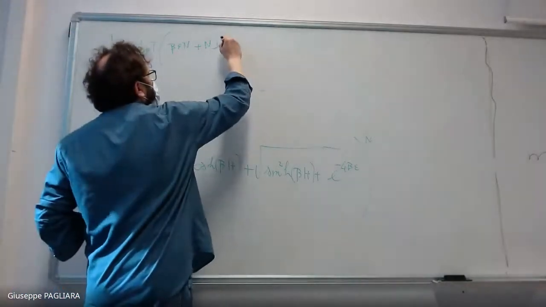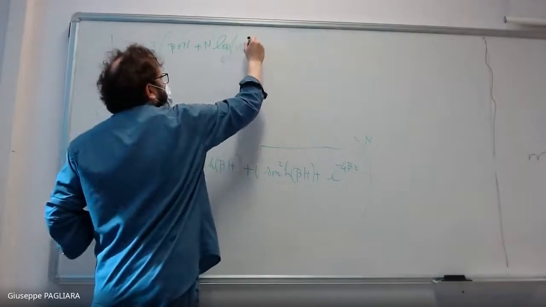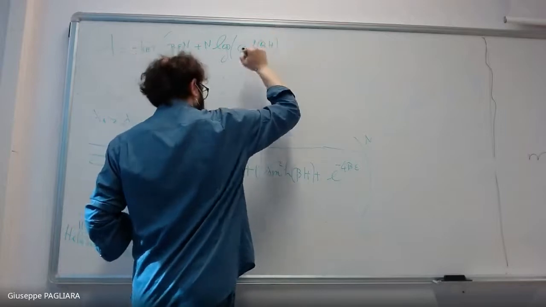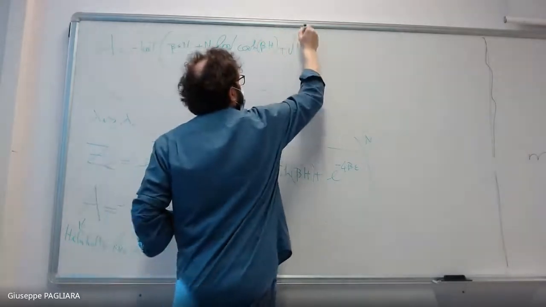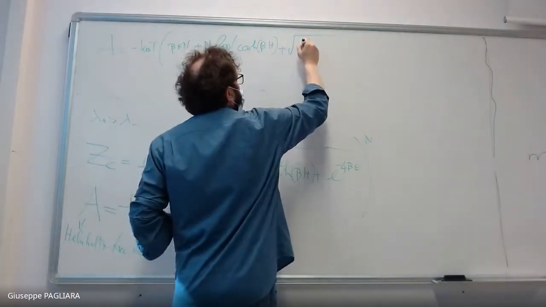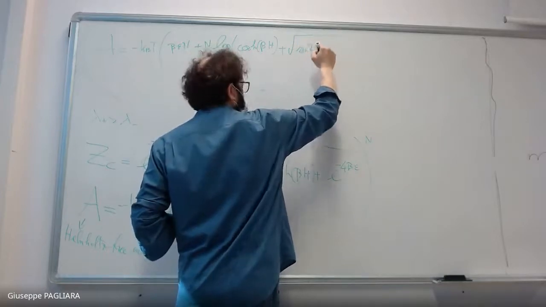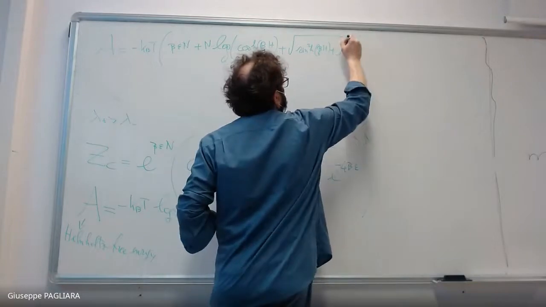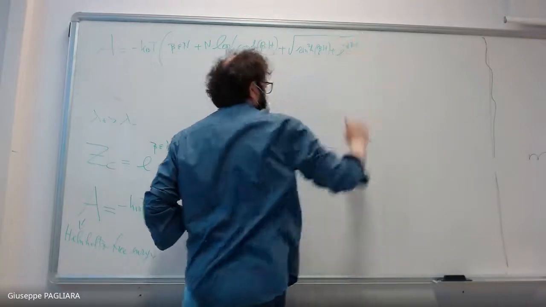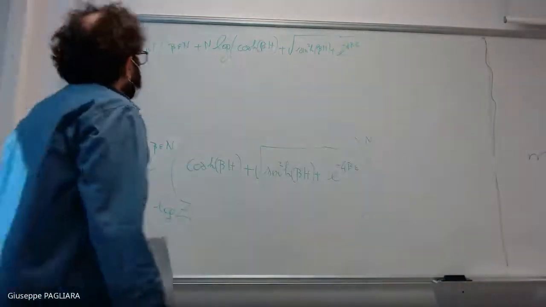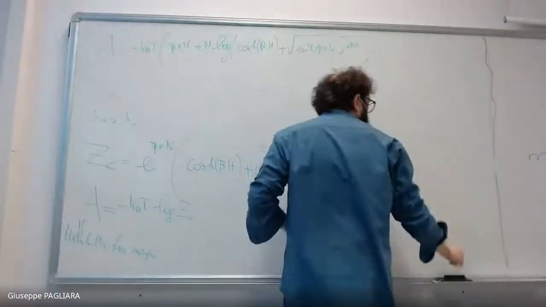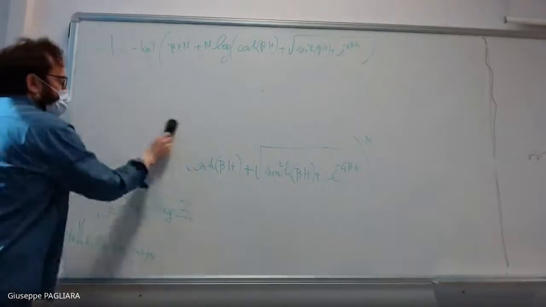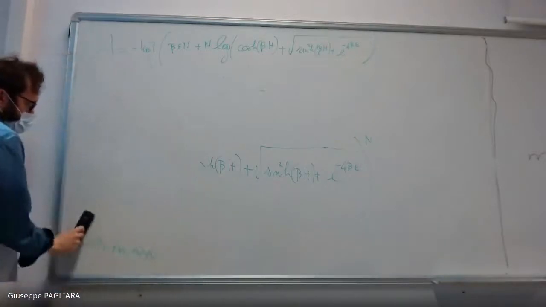So log of cosine of beta h plus the square root of sin squared beta h plus e to the minus 4 beta epsilon. And that's it. This is the canonical, well, this is the Helmholtz free energy. And from this we can derive the thermodynamics.